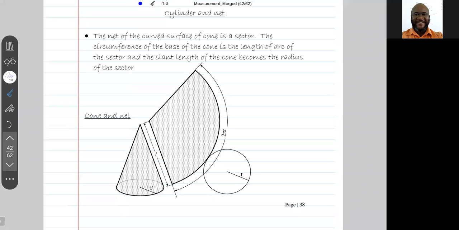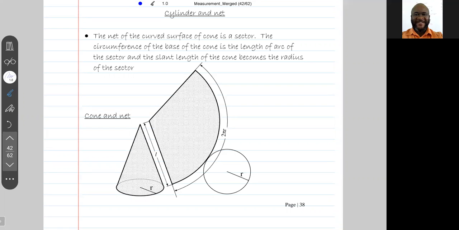So imagine that this was a party hat, and I cut it open from the bottom up to the tip and open it out. Your party hat would open out and become a sector.